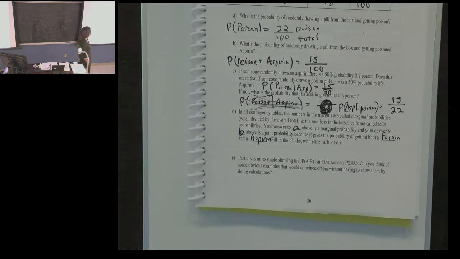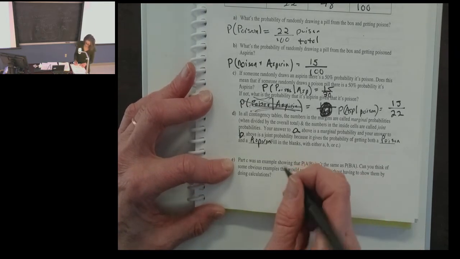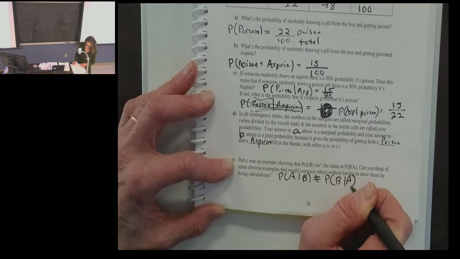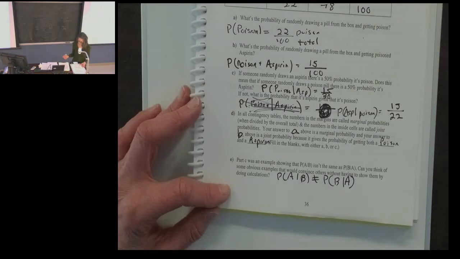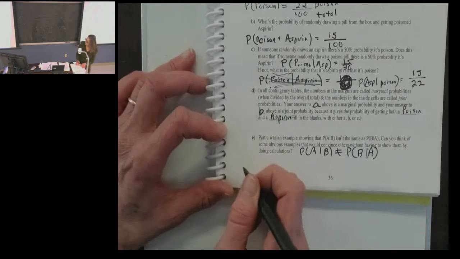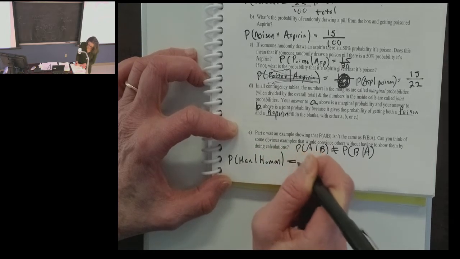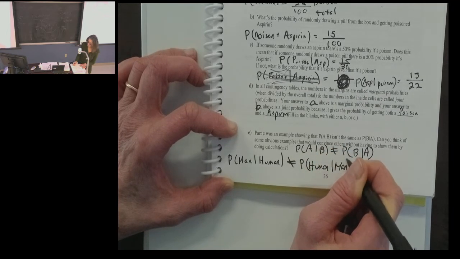All right, so part C. What we did here is an example showing that the probability of A given B is not the same as the probability of B given A. There are a lot of obvious examples of this, like the probability of being a man given that you're human is not the same as the probability of human given you're a man.